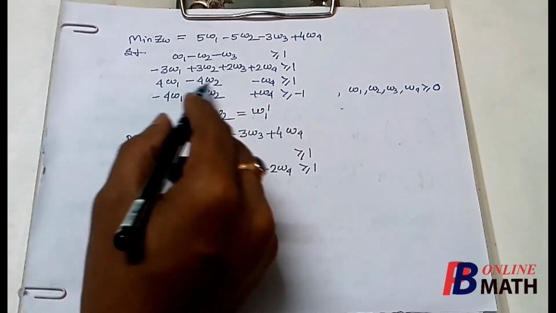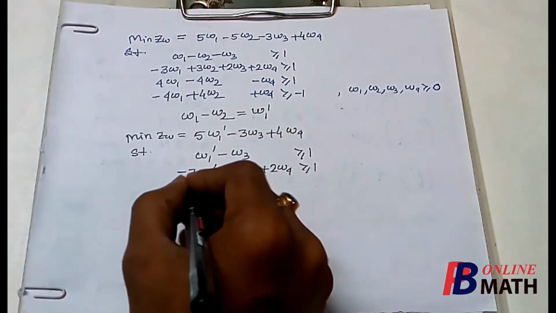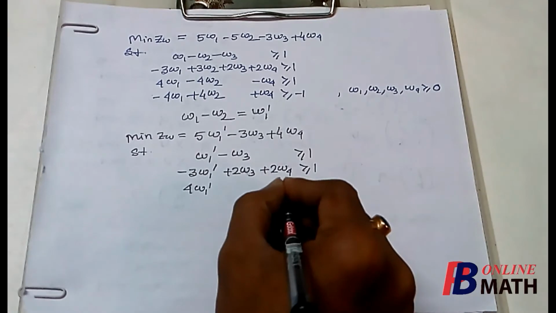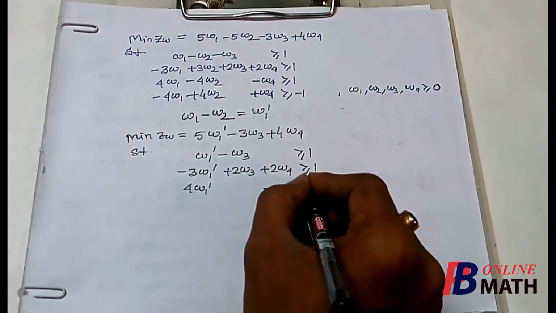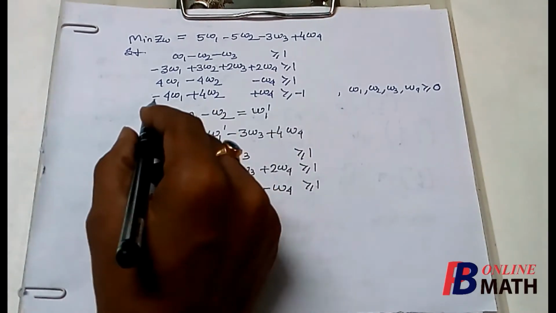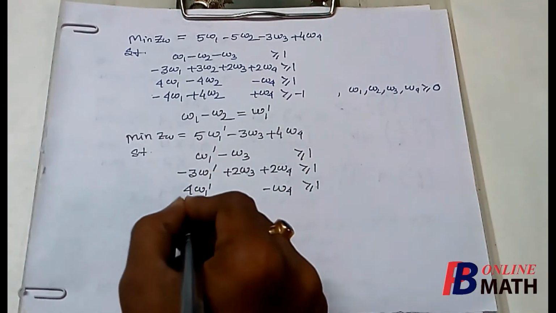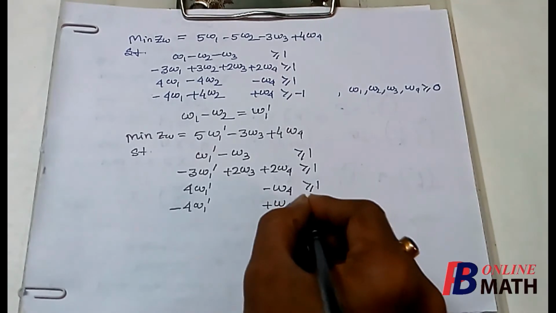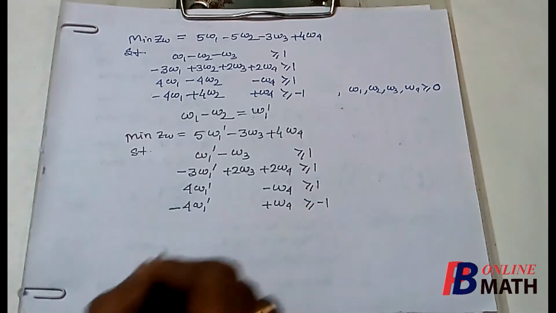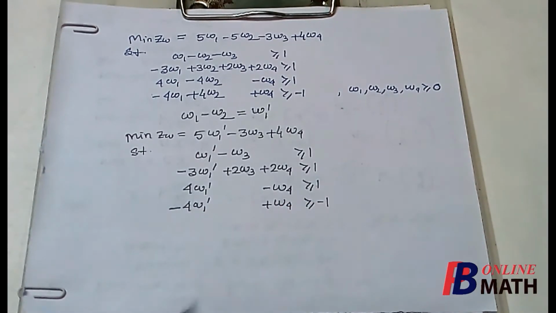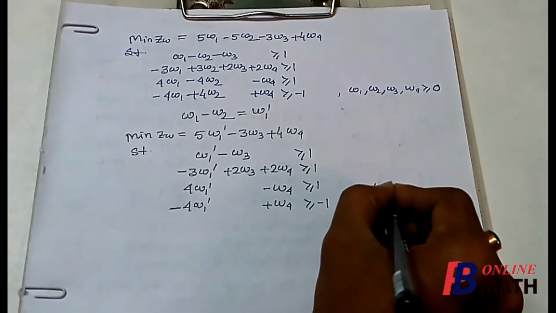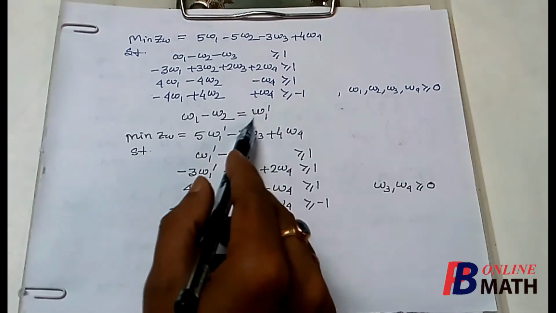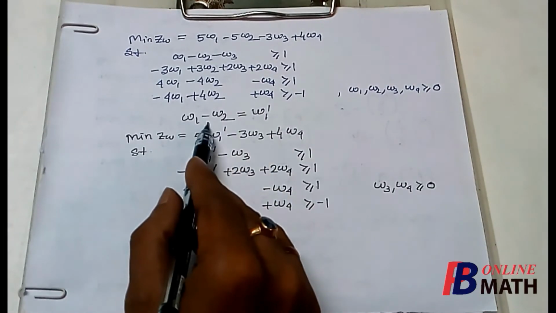The third constraint can be written as 4 into omega 1 dash minus omega 4, greater than or equal to 1. And the final constraint can be written as minus 4 omega 1 dash plus omega 4, greater than or equal to minus 1, where omega 3 and omega 4 are greater than or equal to 0, but omega 1 dash is equal to omega 1 minus omega 2.